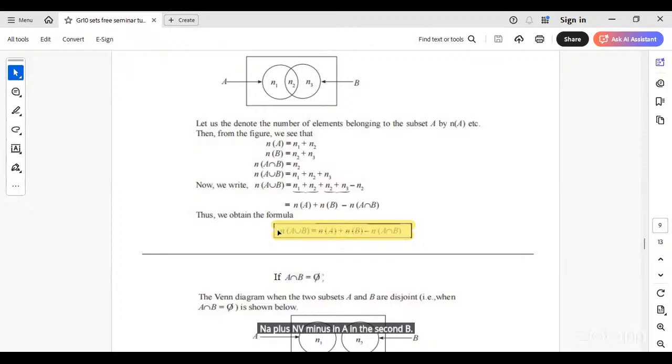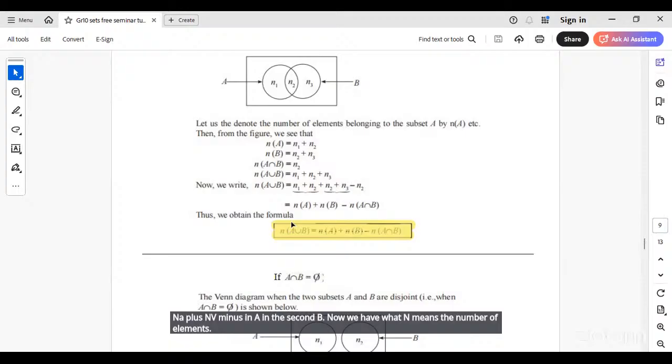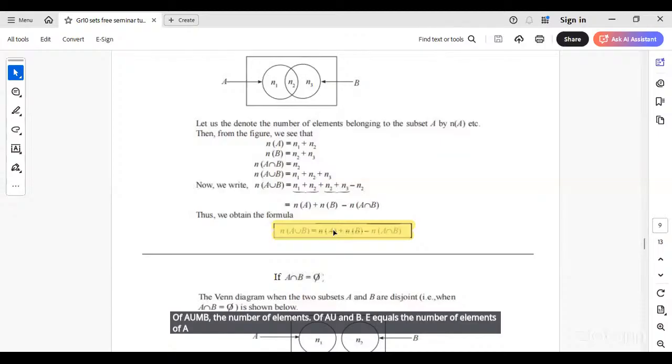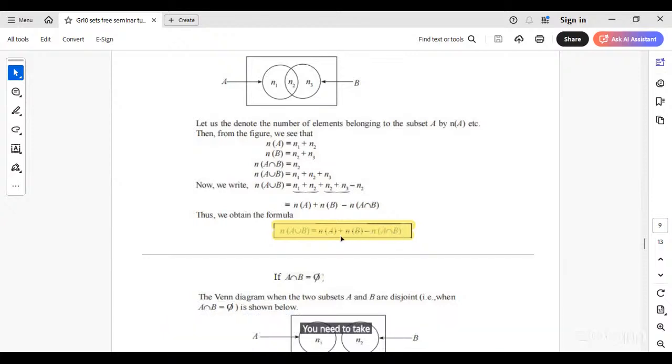Here N means the number of elements. The number of elements of A union B equals the number of elements of A plus the number of elements in B minus the number of elements in A intersecting B. This is the set formula that we have to remember. The number of elements in A union B is N1, N2, N3.